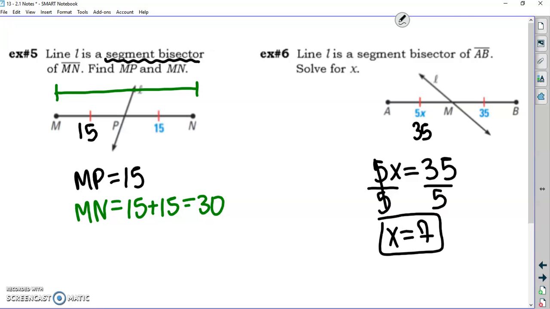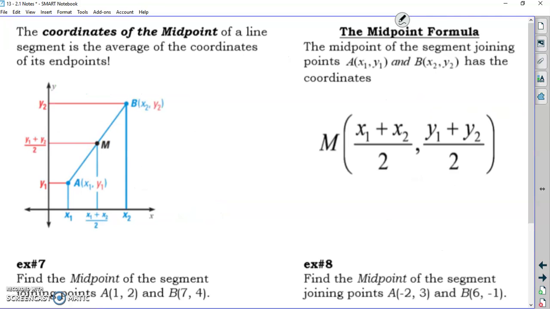Okay. The last part of today's lesson is midpoints. So the coordinates of the midpoint of a line segment is the average of the coordinates of its endpoints. So if you're finding the middle of something, you're going to add it together and divide by 2. So here we want the middle of segment AB.